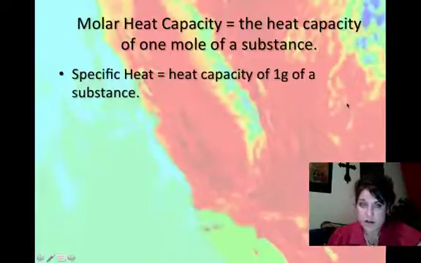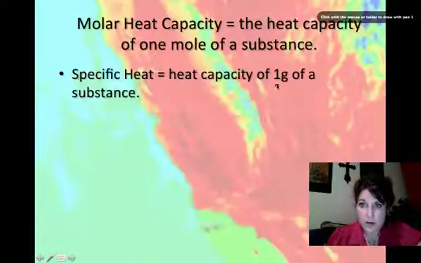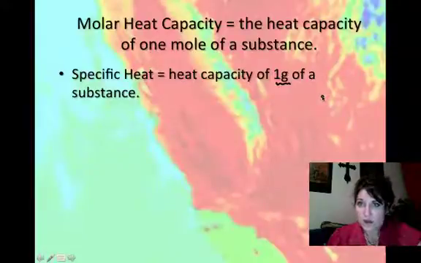If we're talking about specific heat though, then we're talking about not a mole, but 1 gram of a substance. As you know, moles can have a different amount of grams or volume even though the number of particles is the same, because not everything has the same density. So specific heat describes the heat capacity of just 1 gram of a substance.